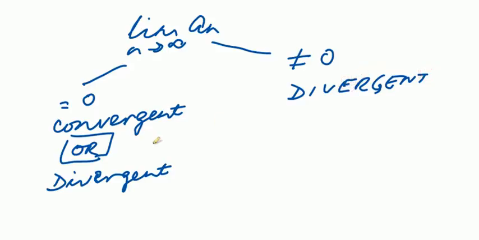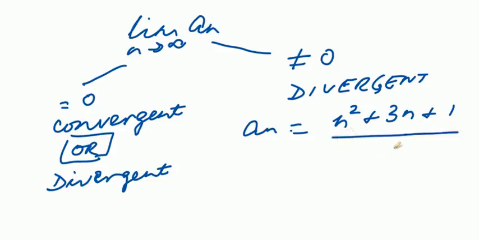So, in the previous example, our an was equal to n square plus 3n plus 1 upon 2n square plus 4.